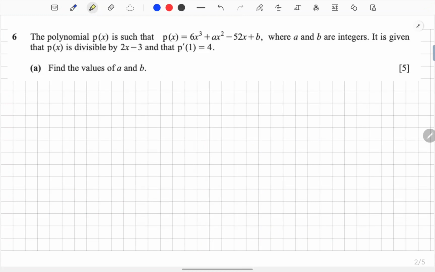In question 2, we're asked to find the value of a and b. And our 2 hints are 2x minus 3 is a factor, and when 1 is plugged into the derivative, its output is 4. Since this video is not about differentiation, I'll go ahead and finish the differentiation part.